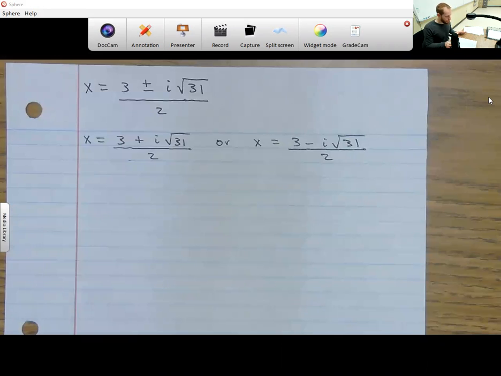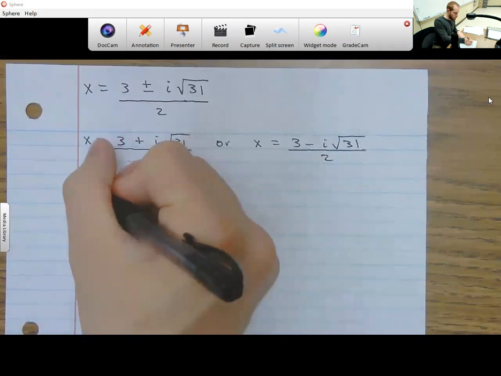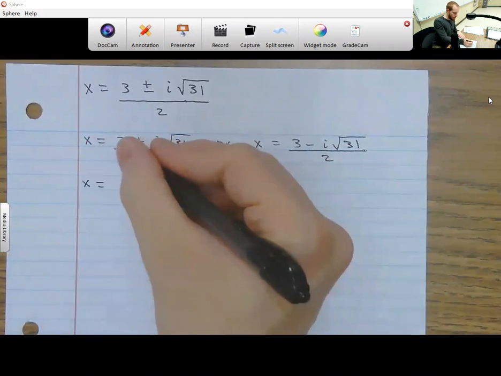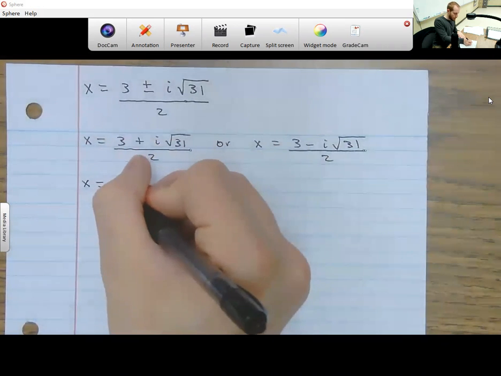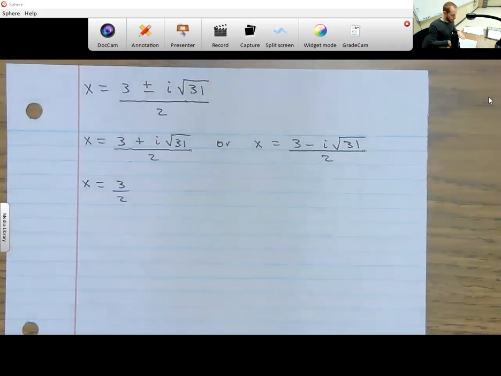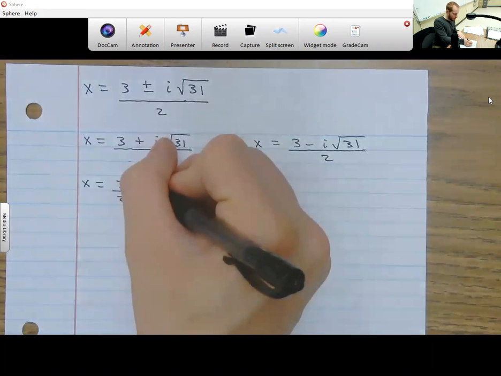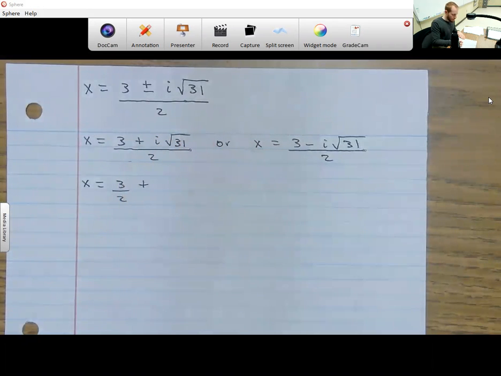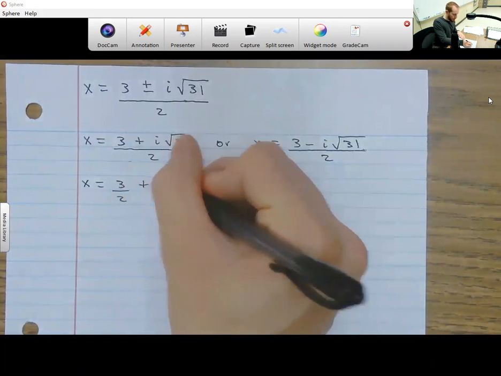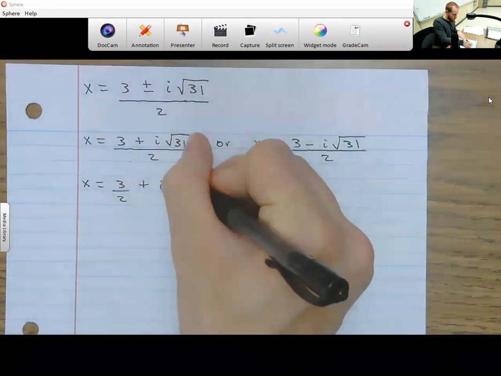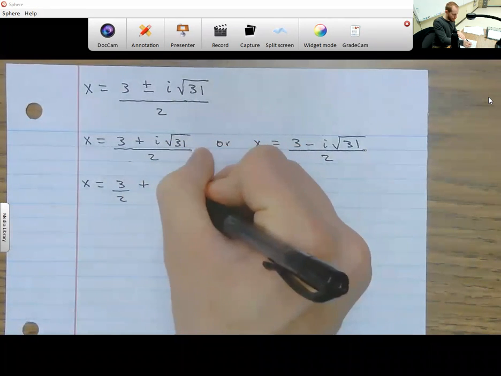Now, if I wanted to, I could write it as two fractions, right? Since I have a common denominator, I could probably write this as x equals 3 over 2. So I'm dividing the 3 by 2, which would be 1.5, but I'm not going to write that, plus I times the square root of 31 divided by 2.